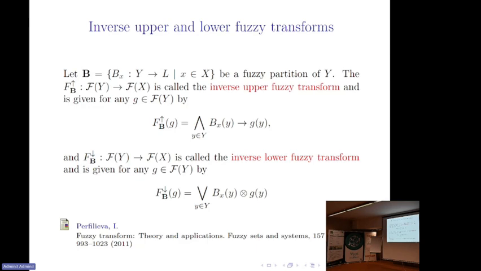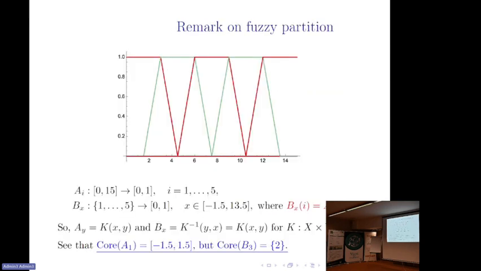Fuzzy partition was also mentioned in the previous talk, and here you can see an example of such a fuzzy partition. But the difference from the fuzzy partition used in the context of real functions is that the cores of the fuzzy sets used for the fuzzy partition must be a standard partition of the set. Just the boundaries are somehow fuzzy.